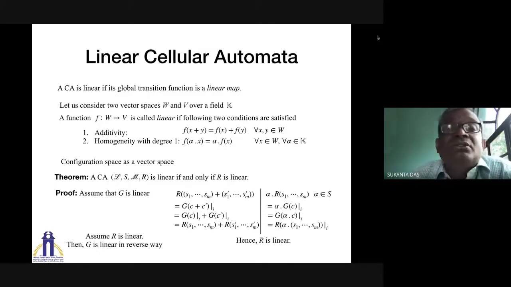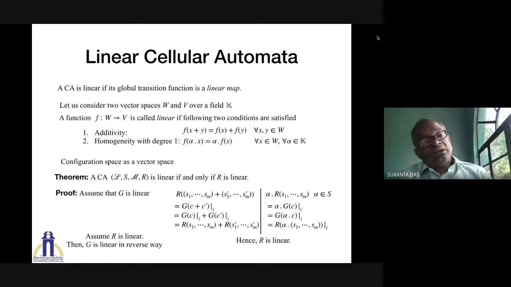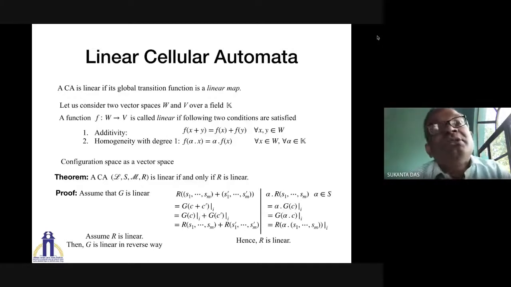So linear cellular automata are of interest to researchers. We'll discuss this part, the calculation tool, and how to use linear cellular automata in coming classes. So today up to this.